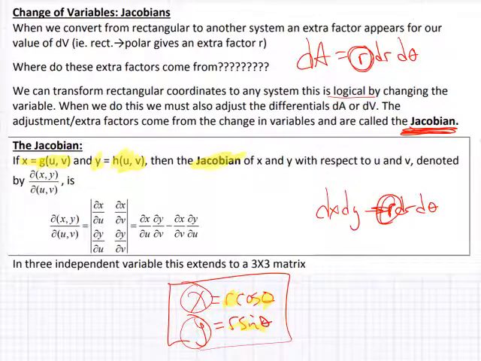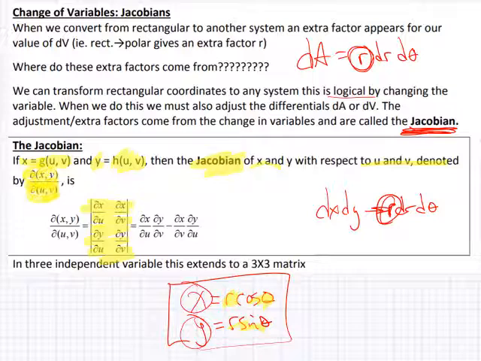Then we can calculate the Jacobian of x and y with respect to u and v, and we'll denote it like this. We're using this partial derivative notation here, because partial derivatives are going to be a part of it, simply by the determinant of this matrix. If you notice what happens here, we have a couple of pieces.